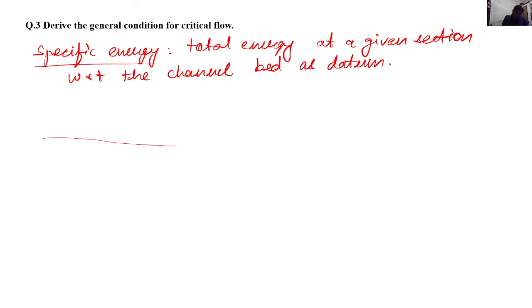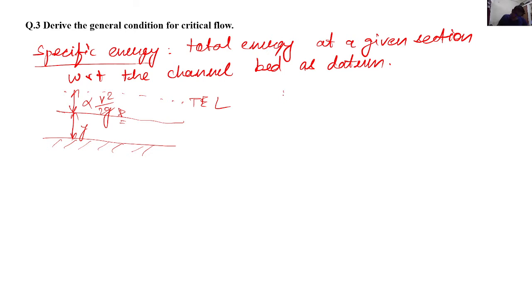So let us suppose this is the open channel. This is the total energy line. This is the flow depth y, and let us suppose this is the velocity head, that is alpha v square by 2g.